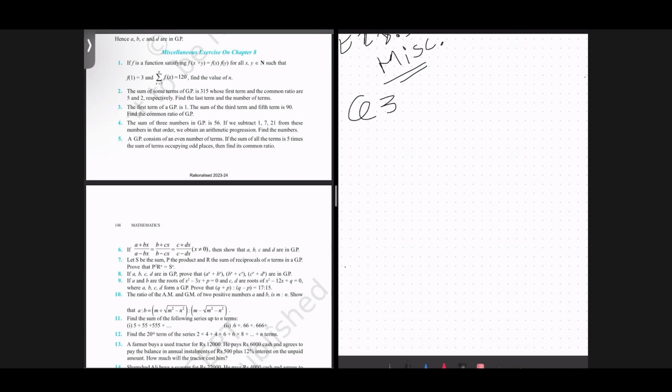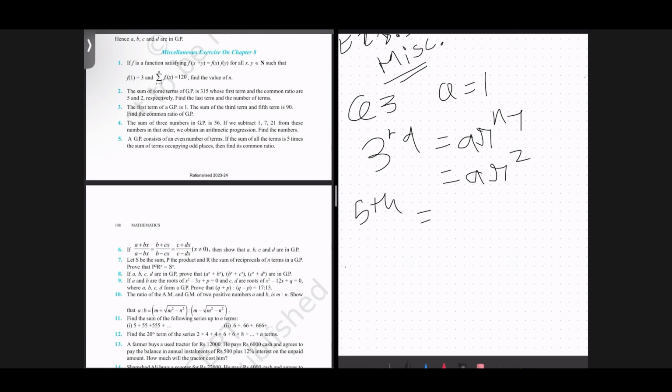The third term is going to be a r^(n−1), and that's going to be a r^2. The fifth term is going to be a r^(5−1), that's going to be a r^4.